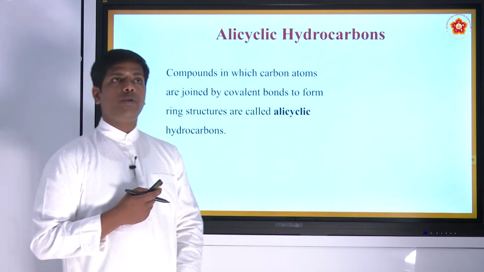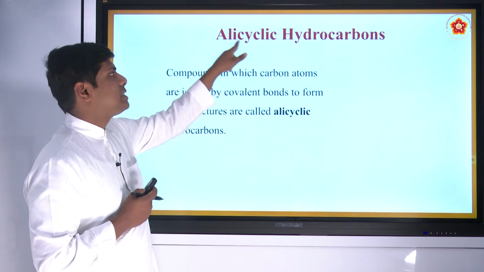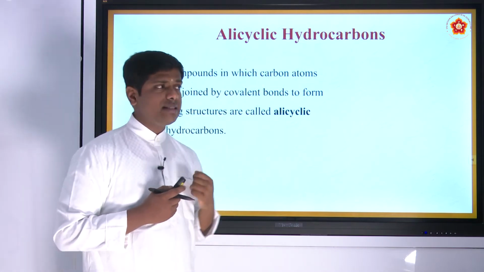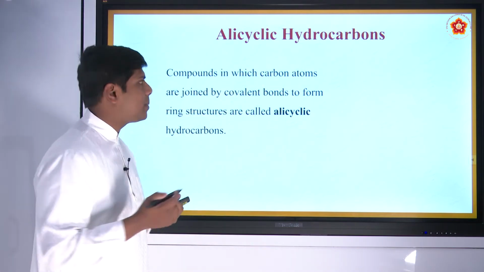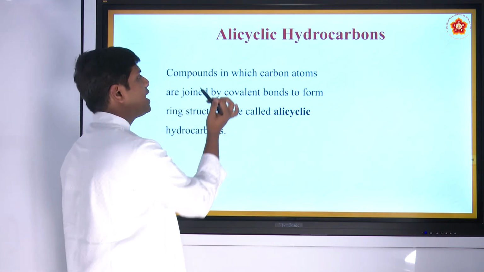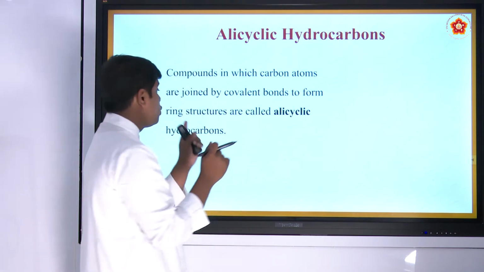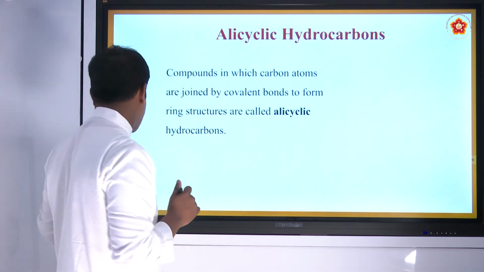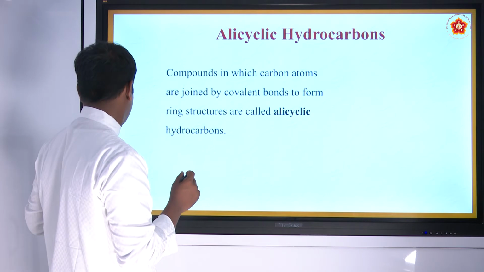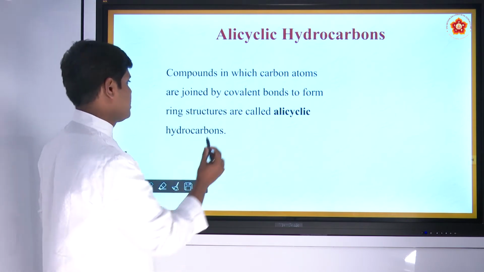Let us look at one more interesting topic, that is alicyclic hydrocarbons. What are alicyclic hydrocarbons? Very important. Compounds in which carbon atoms are joined by covalent bonds to form ring structures are called alicyclic hydrocarbons.